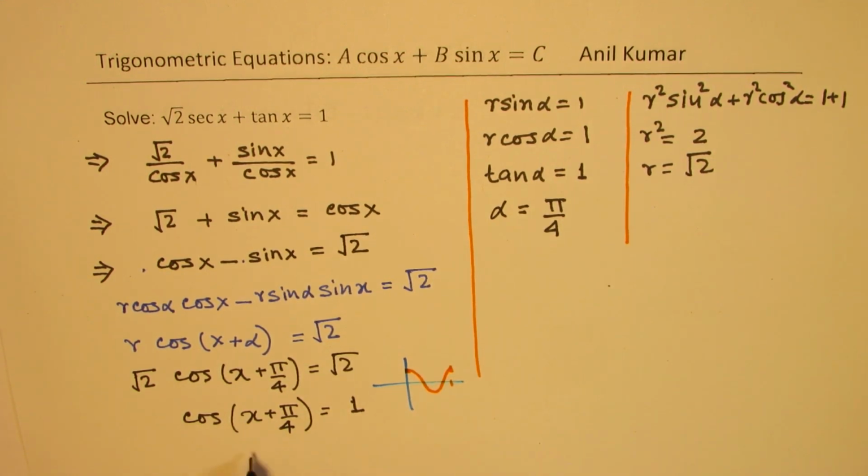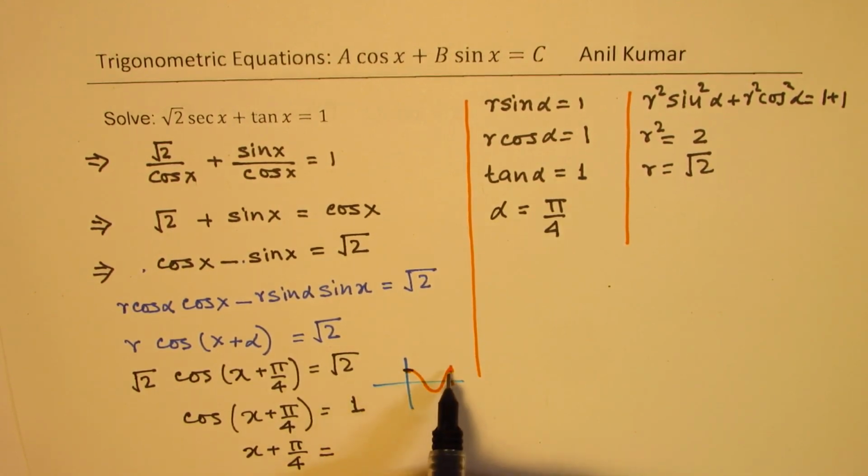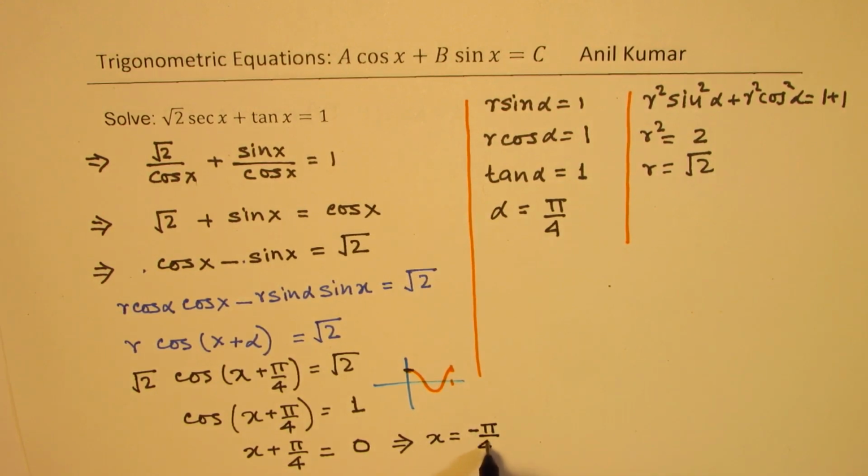So that means that x plus pi by 4 is equal to 0 or 2 pi, right? So we can say it is equal to 0. So in that case, cos is 1, and from here we get the value of x as equal to minus pi by 4, correct?